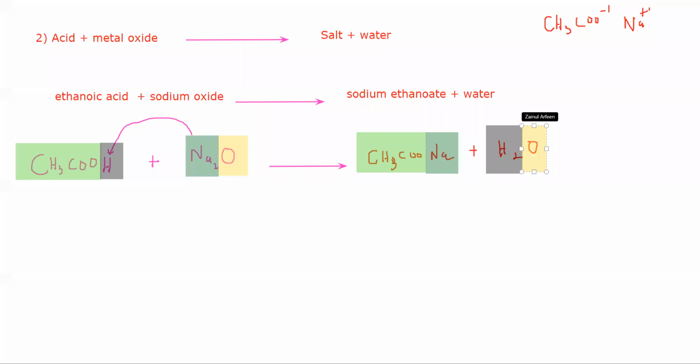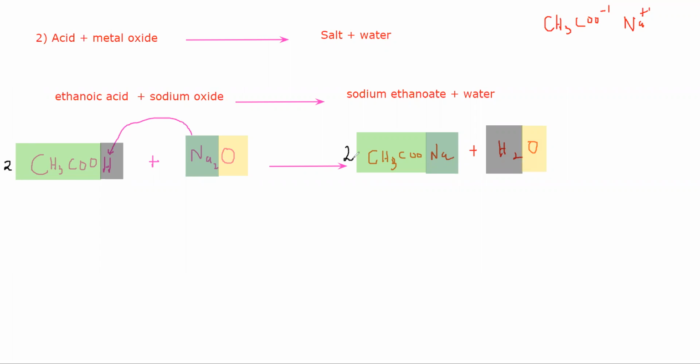So I started with hydrogen here, because oxygen is already balanced. 2 hydrogens in the gray shade, 1 hydrogen in the gray shade. So if I put 2, hydrogen is balanced. CH3COO in the yellow shade, 2 on the left-hand side, on the right-hand side 1.